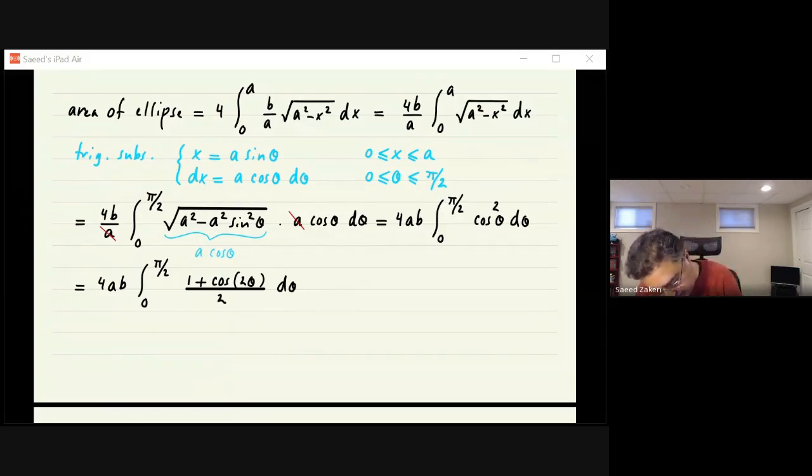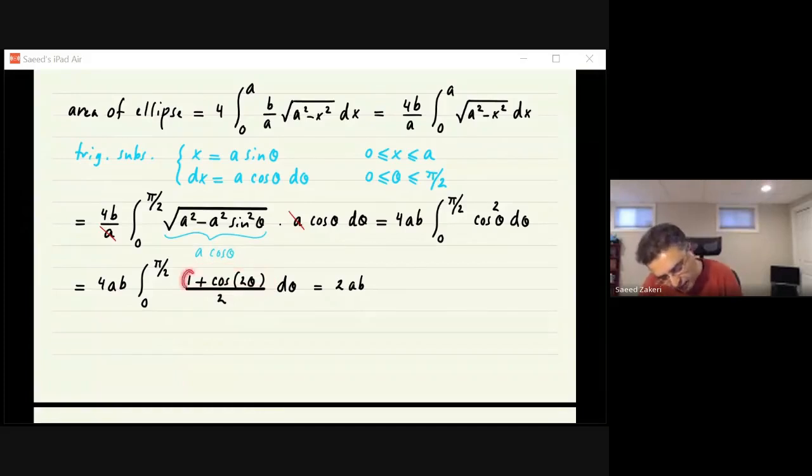And now this is easy to integrate. So you can bring this 2 out. This 2 on the bottom, bring it out. With this 4, it leaves you with 2ab. And then what is the antiderivative of, so I've already taken care of this 2. So what's left inside the integral is this.